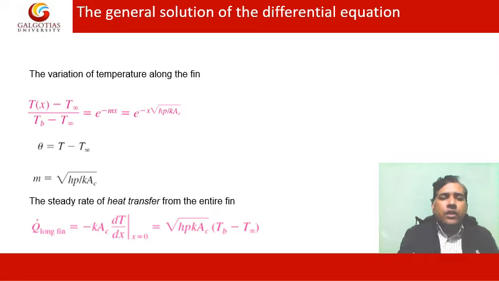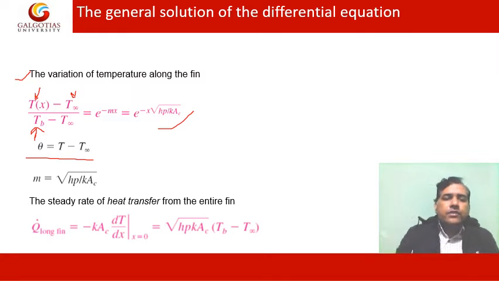Now after utilizing the boundary conditions, this is the solution of the equation we get: Tx minus T infinity upon Tb minus T infinity equal to e to the power minus x root hp upon Ka, where Tx is the temperature at the distance x from the base, T infinity is the ambient temperature, Tb is the temperature at the base, and T minus T infinity is the theta that we got.